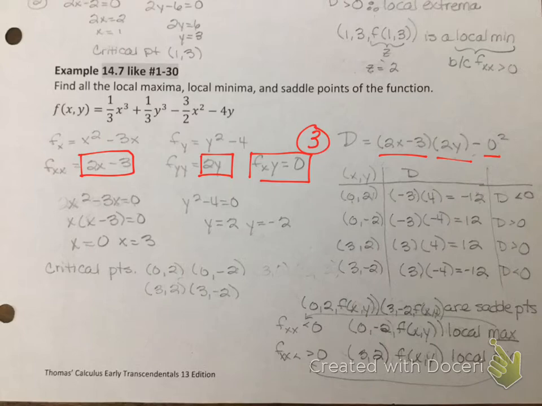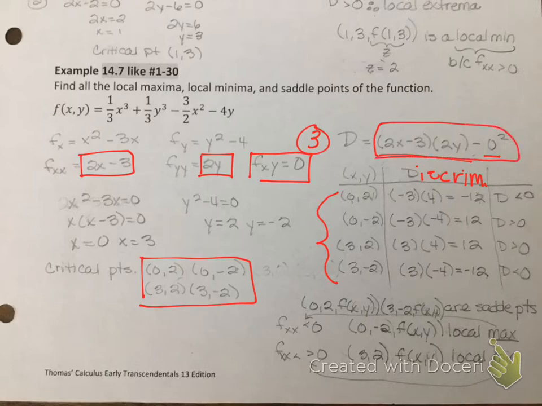You are going to plug all 4 of these ordered pairs into your discriminant, right up here. You might want to pause the video for a minute and plug one or two of those in so you can make sure you understand what I'm doing. Notice that I also have a last column for whether that value of the discriminant that I get out is positive or negative.